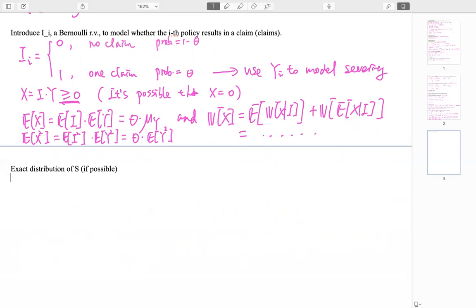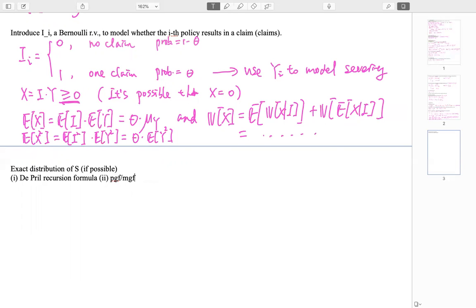There are different ways, right? In the textbook, we know they gave the Panjer recursion formula, right? And sometimes you can apply, let's say, the probability generating function or moment generating function, depending on the setup, right?